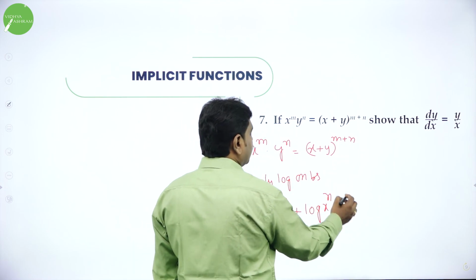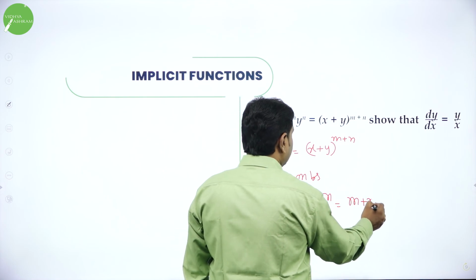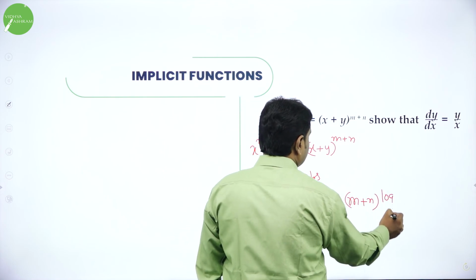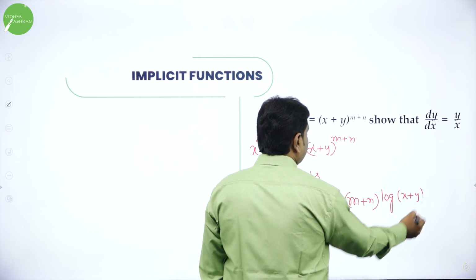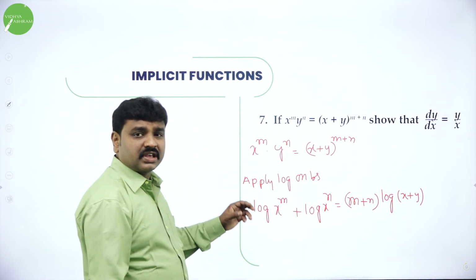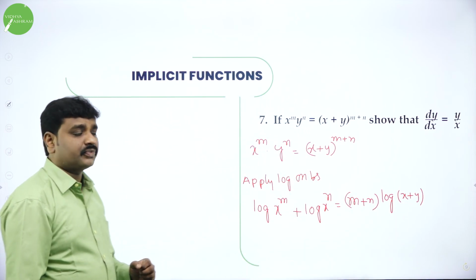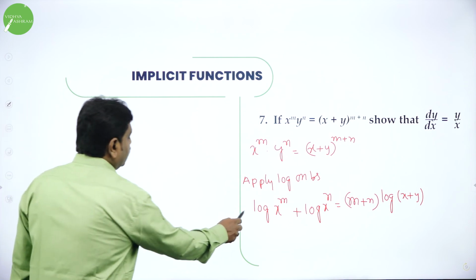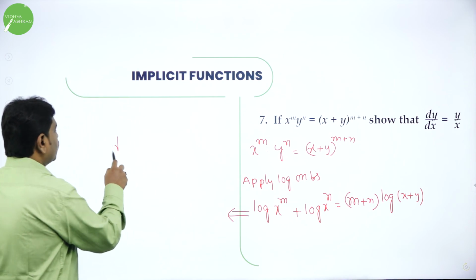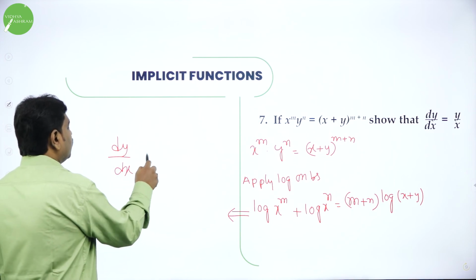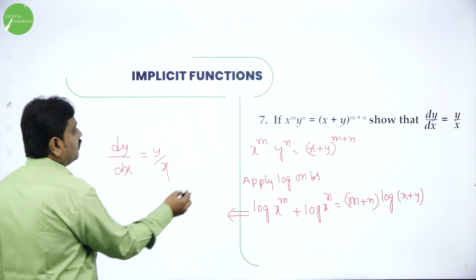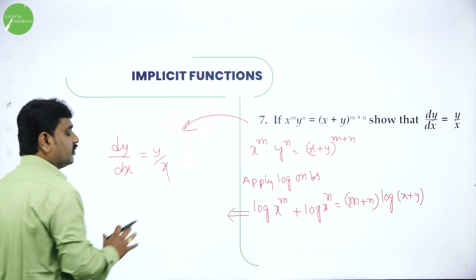Log a power m becomes m log a, so the right side is m plus n into log of (x plus y). Again I am repeating the same in terms of logarithms. From here we differentiate and finally arrive at dy by dx equals y by x. I am leaving it for you, but try whether you get it or not.